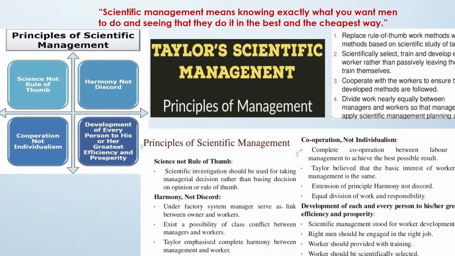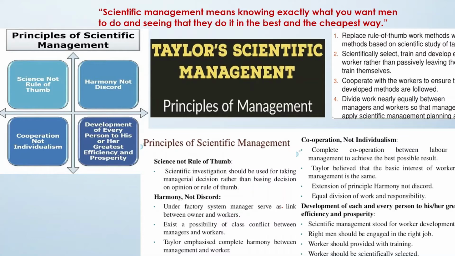You have to be sure what exactly you want from your people, and look that they are doing it in the best and cheapest possible way. So that is a technical way of management given by F. W. Taylor.